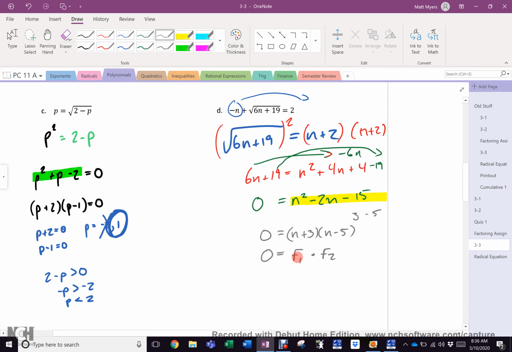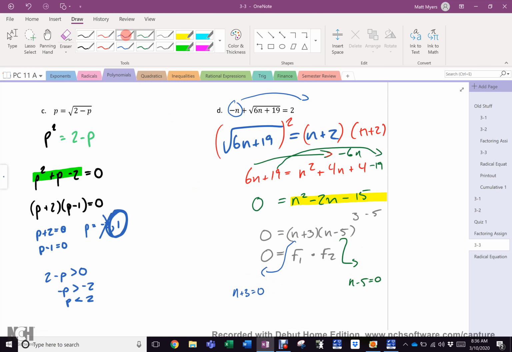If factor 1 is 0, then it doesn't matter what this is. The answer is 0, right? If factor 2 is 0, then it doesn't matter what factor 1 is. The answer is going to be 0, right? So I have to check two options. I have to check n plus 3 equals 0, and I have to check n minus 5 equals 0.